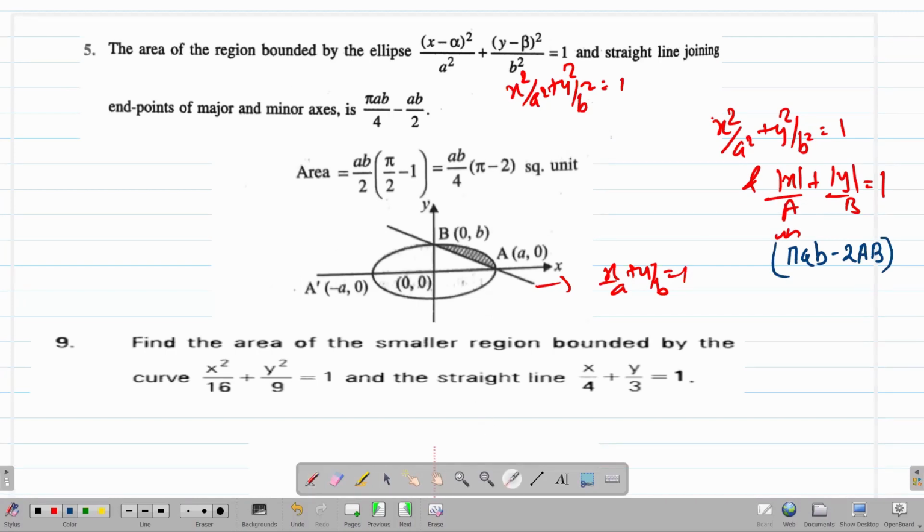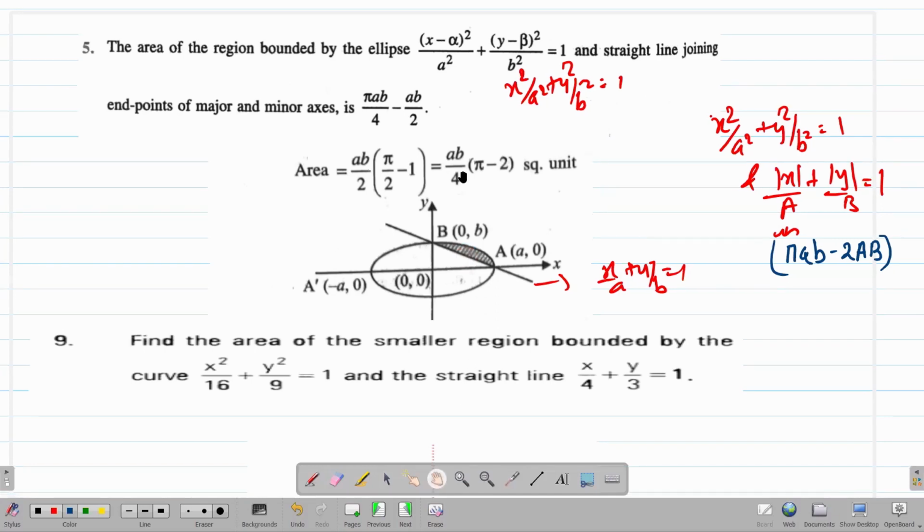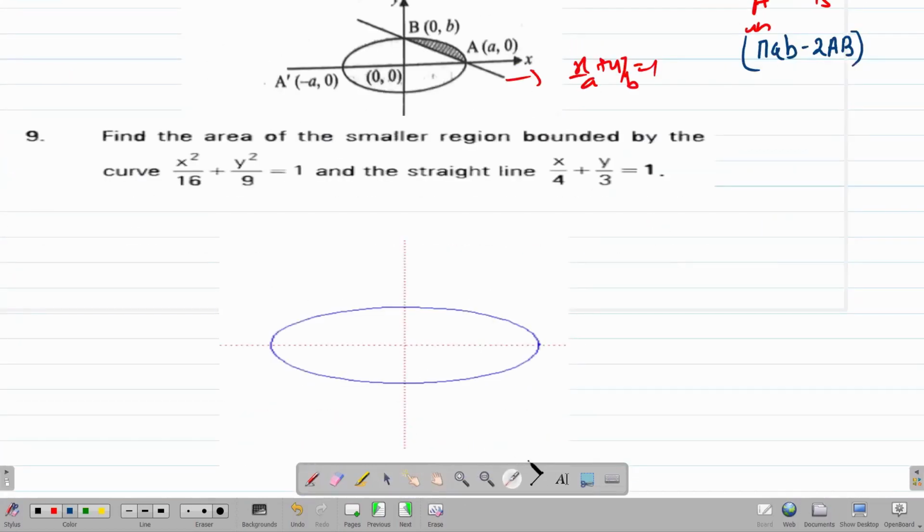Here we get 4 cases from this line, but in this particular question we have an ellipse and only one line, so my area is restricted to this part. In the previous case, the region bounded by the ellipse and 4 lines was this.